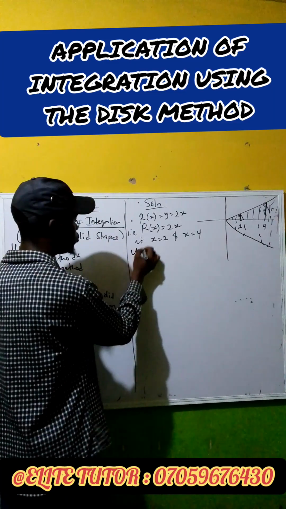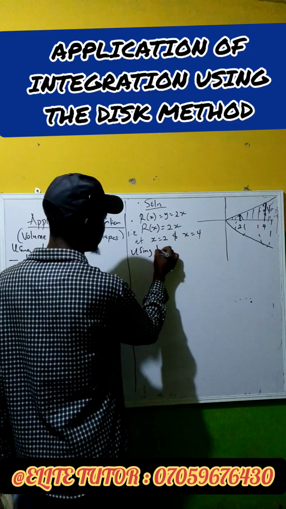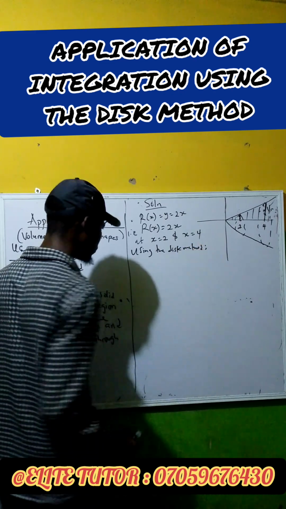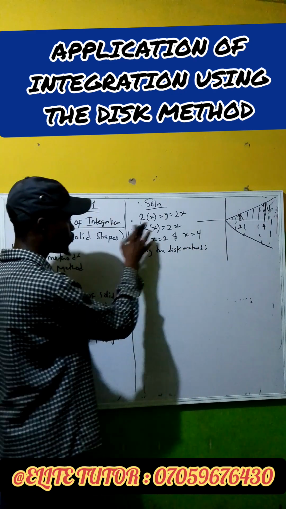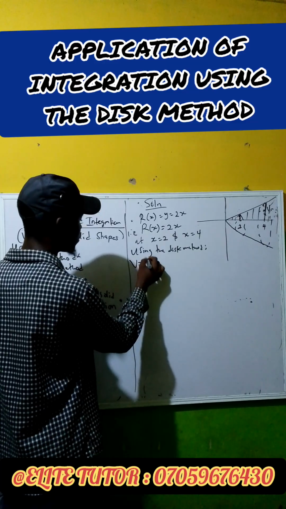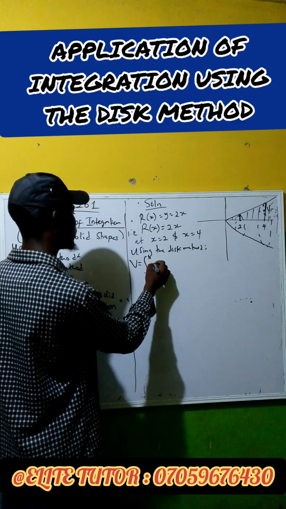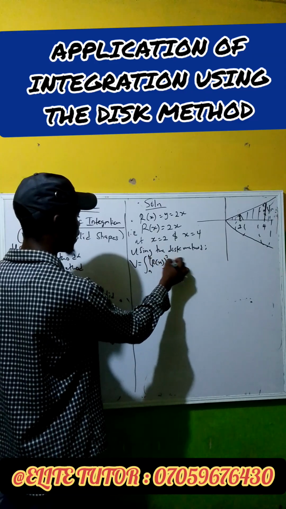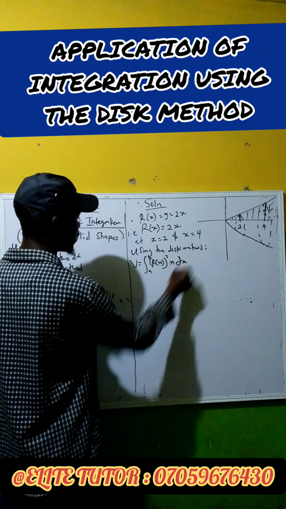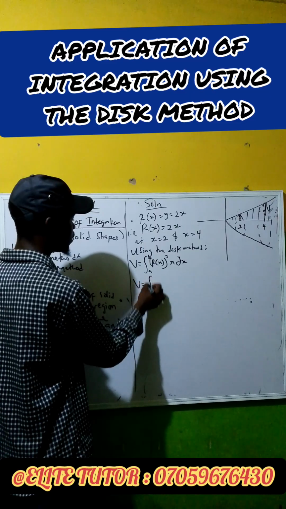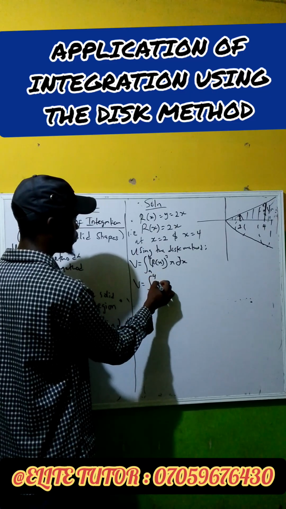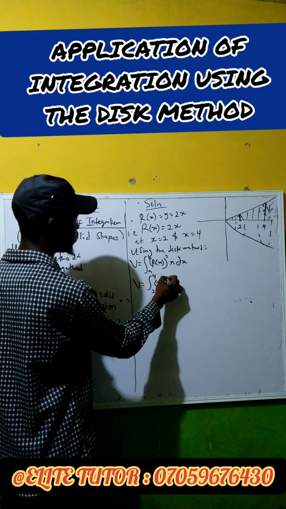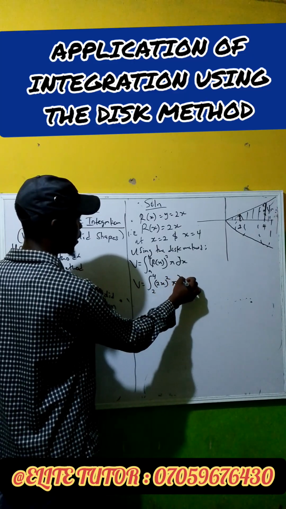Now, using the disk method for the x-axis, V equals the integral from a to b of r of x, all squared, times pi dx. So we have the integral from 2 to 4, and our r of x is 2x. So (2x) squared, then pi dx.